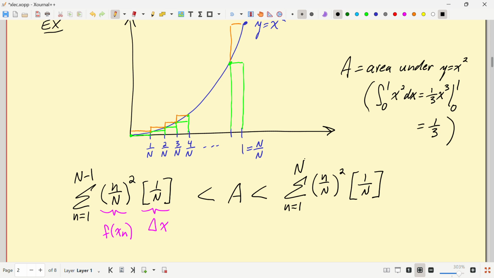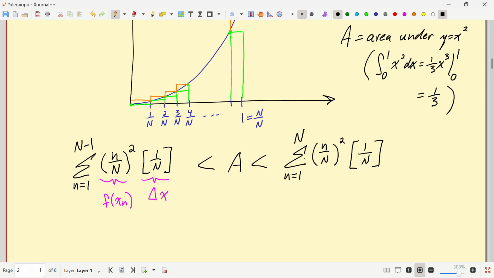So those two sums are really close together. One's underneath, one's above. And in fact, if I subtract the difference from them, I see that they're tending to the same thing. Right? So, what's the difference between this right sum?